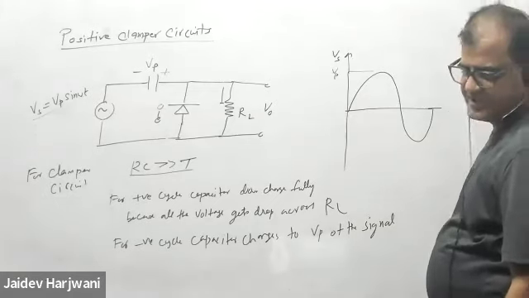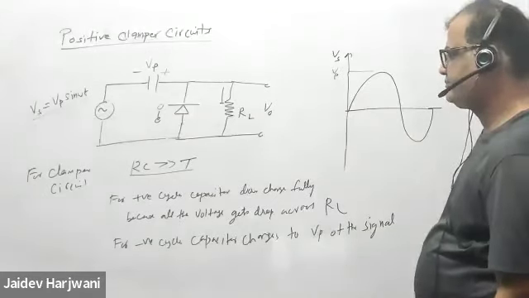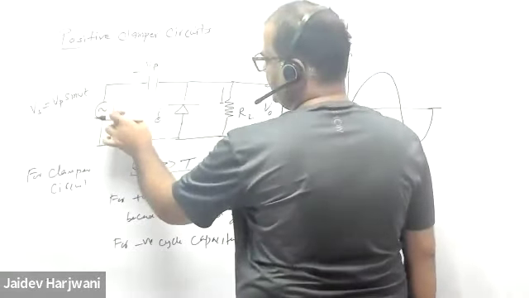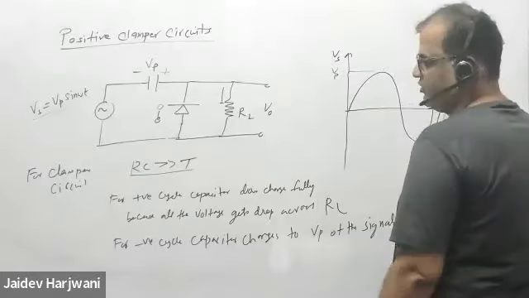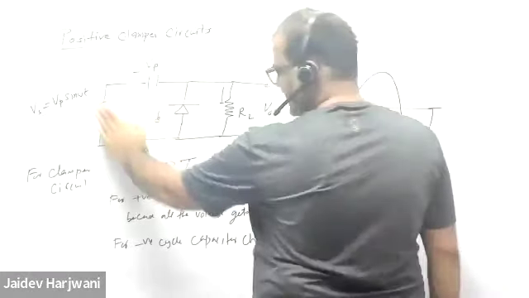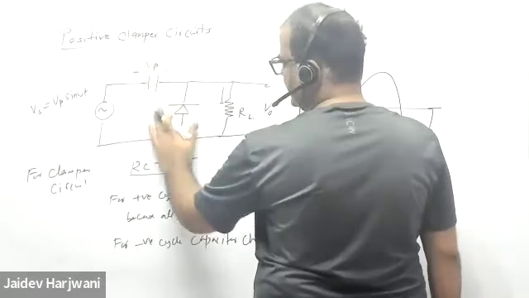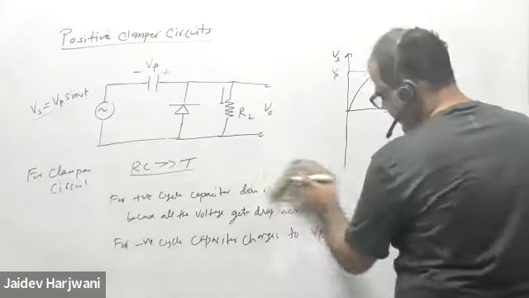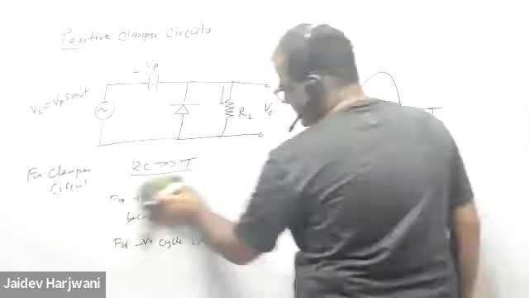Now once this becomes charged, this is Vp and this is Vs. Now first we have to decide which cycle it is charging. We have decided this will charge only like this, and while charging it is a short circuit, it is allowing current. Now what happens once it is charged?